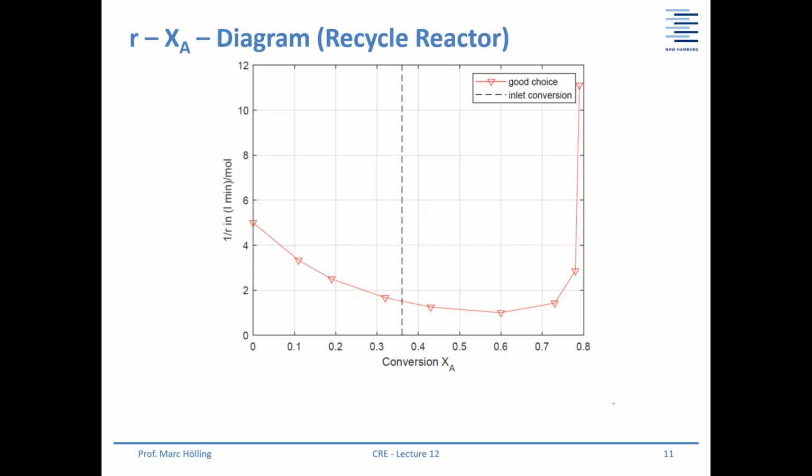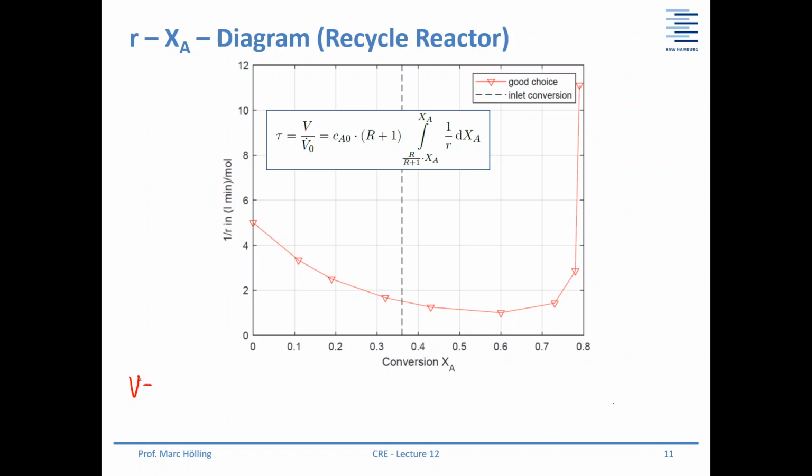And what do we have to do right now? This is the formula to obtain the volume for the recycle reactor. So you have to rewrite it. The volume flow times the inlet concentration is the inlet mole flow n dot A0, times R plus 1, and then you have the integral from 0.36 up to 0.8, 1 over R dXA.